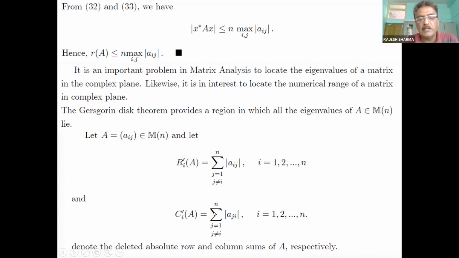Likewise, C_i'(A) is the sum over j = 1 to n, j not equal to i, of |a_ji|.